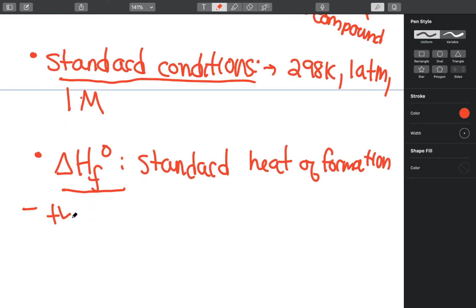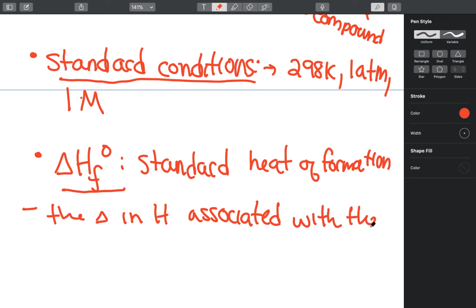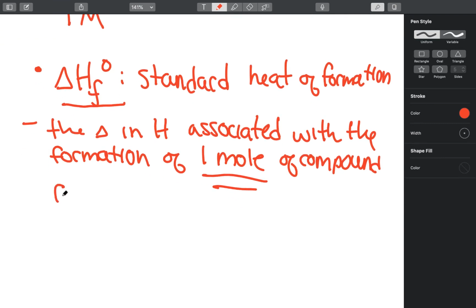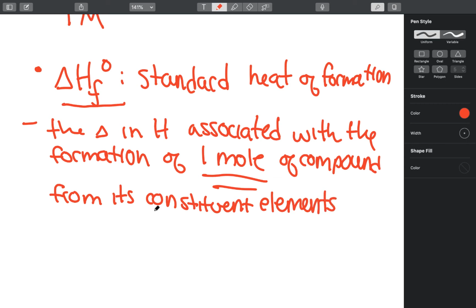It is the change in enthalpy associated with the formation of 1 mole, so it's important to know 1 mole, of compound from its constituent elements under standard conditions.